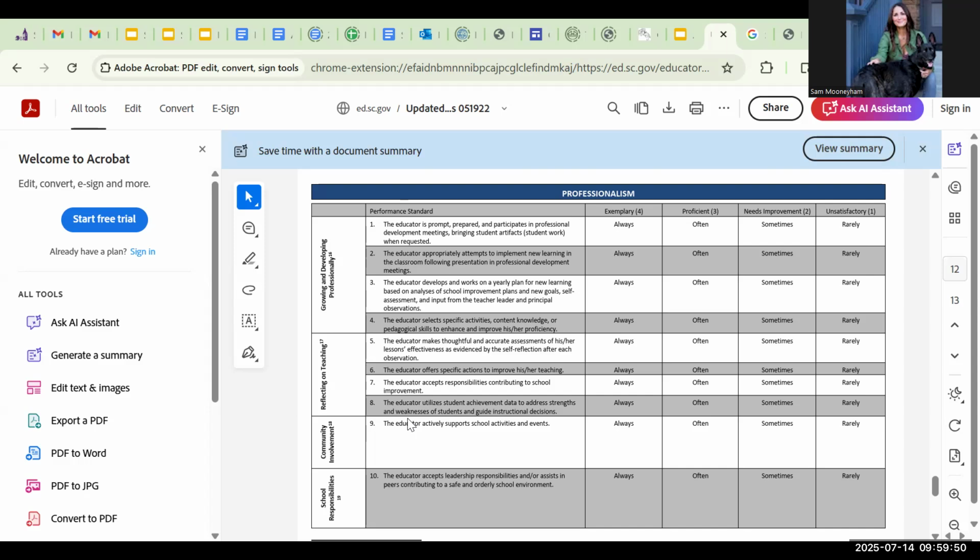Being present at staff meetings, respecting your colleagues, conducting yourself in a professional manner with your words and your behaviors, your attire.